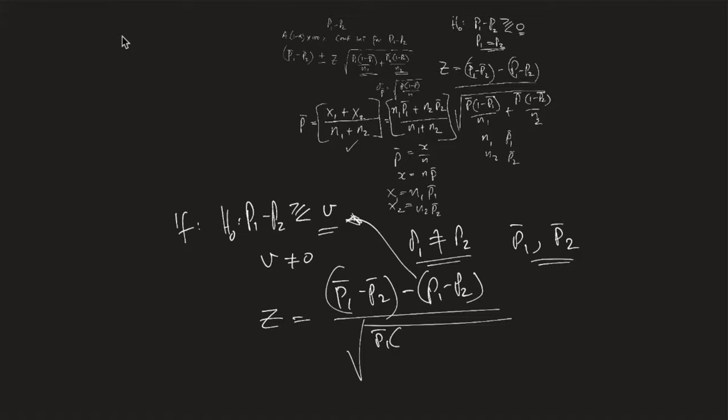P bar 1 times 1 minus P bar 1 over N1, P bar 2 times 1 minus P bar 2 over N2. So that will be our test statistic, all right? And we're going to work a problem right now where you will get to see both of those being applied. All right, good.